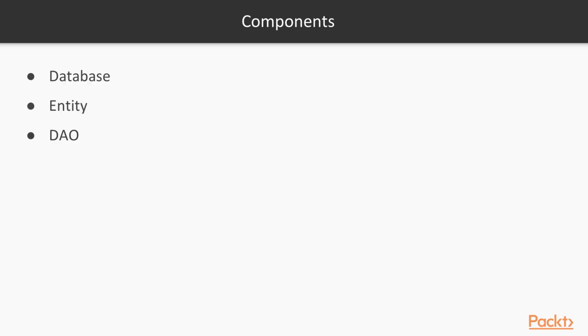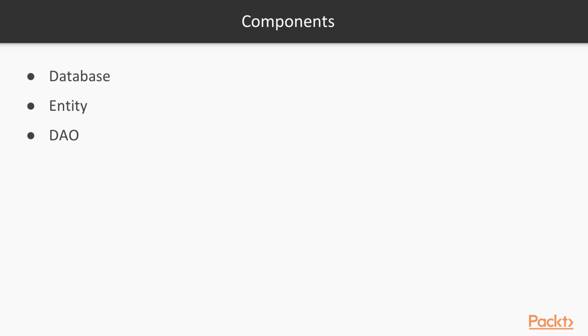There are three major components in Room: database, entity, and DAO. Database is a holder class that uses annotation to define the list of entities and database version. This class content defines the list of DAOs. DAOs are data access objects.